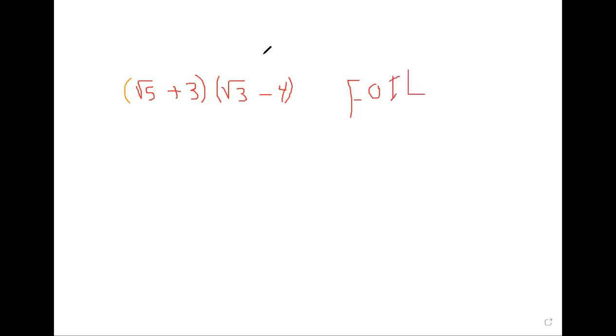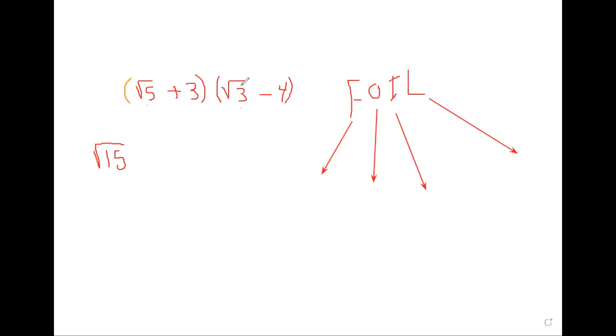Then with the FOIL method, F for first, O for outer, I for inner, and L for last. Then first times first: root 5 times root 3 will be root 15.